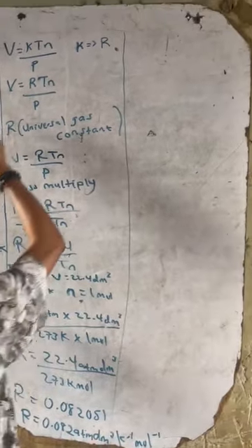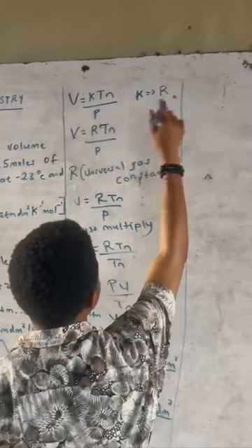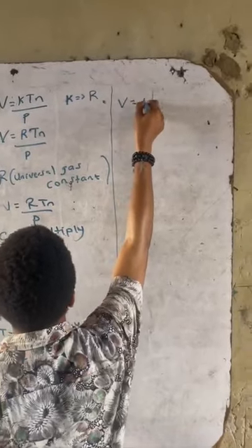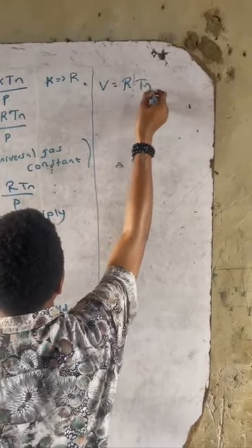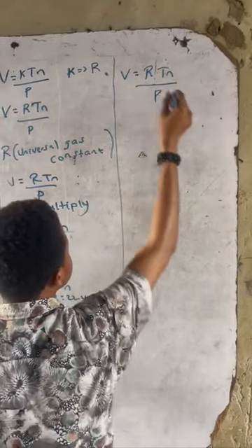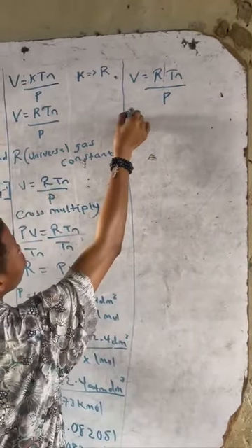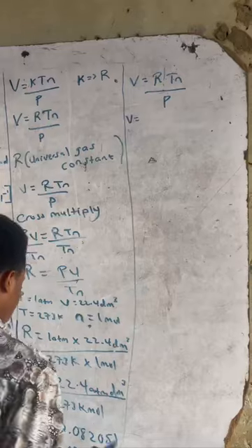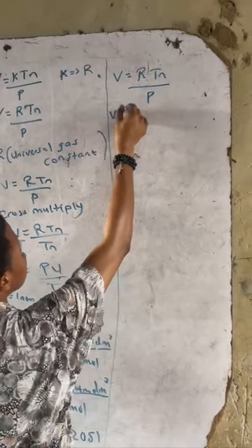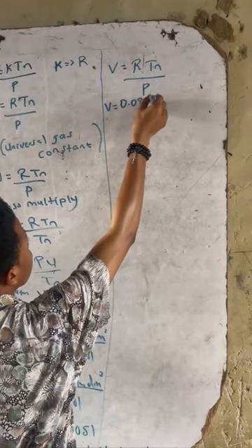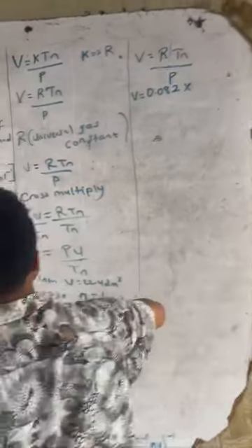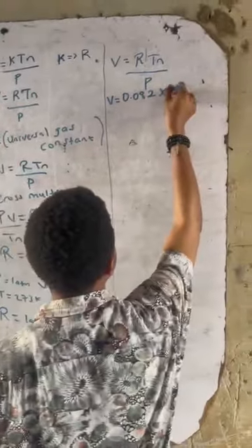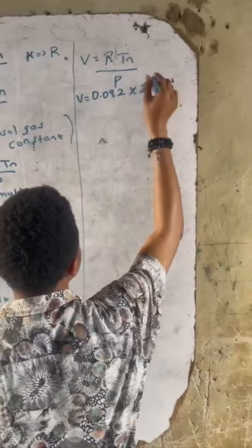Now we can solve. This is what we are looking for: volume. Volume equals R n T over P. So our volume equals, what was our R here? 0.082 times our temperature, which is 250 Kelvin. Because of space, I can't put the unit.